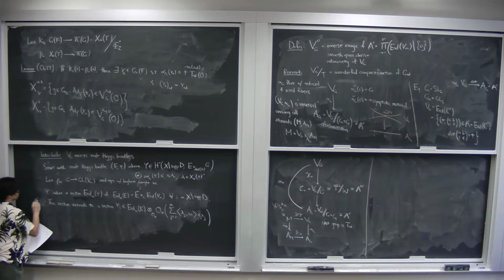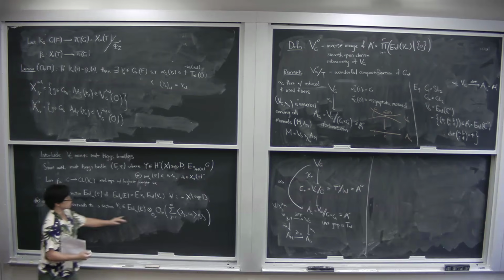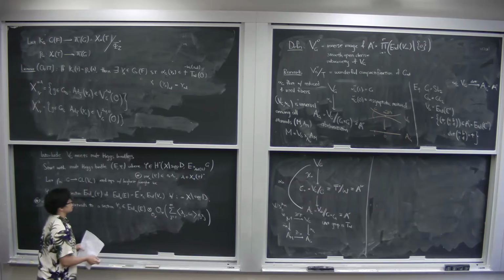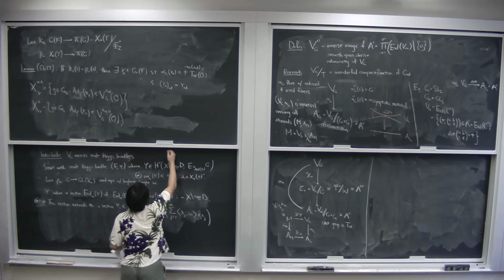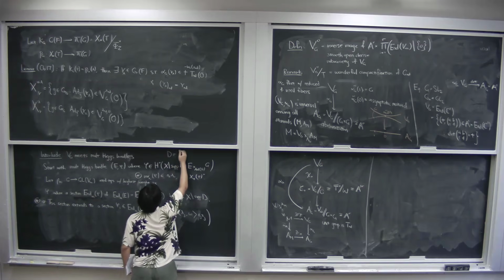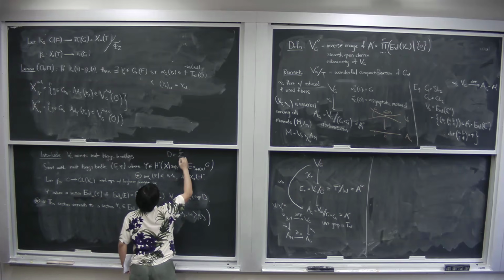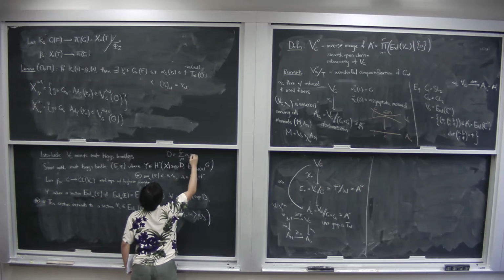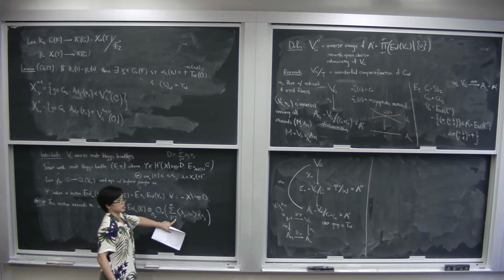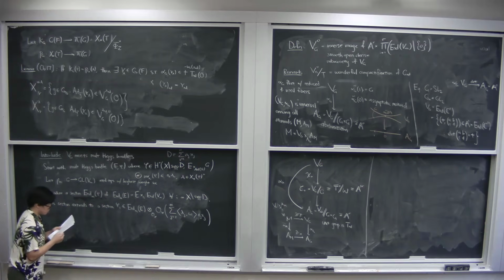It tells me how the section will extend over the singularities. Let me try and be more precise. My divisor is given by n_j. So that's what this is doing here. Okay, very good.